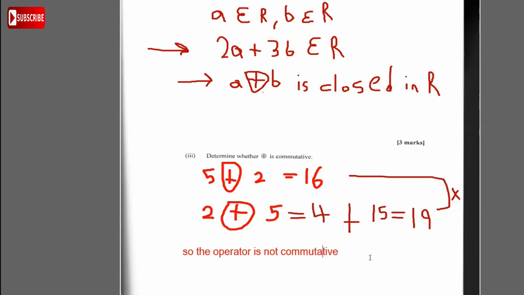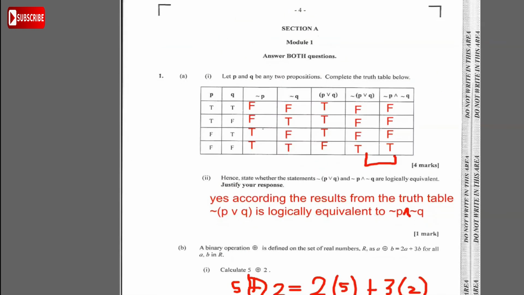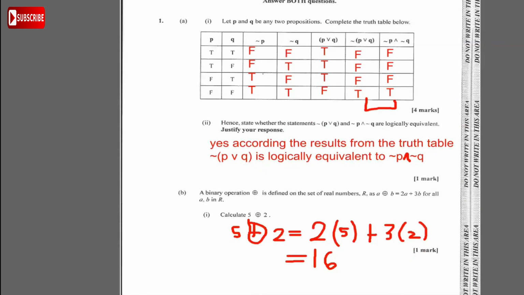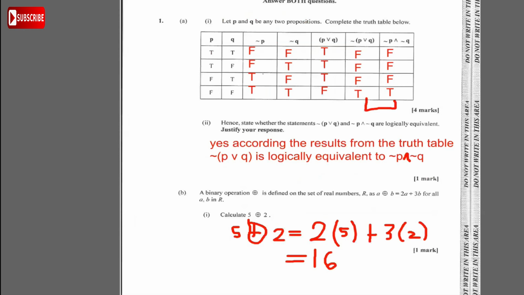Nice and easy. So we showed it's not commutative. Nice. Just checking 10, 16. Yes, that's fine.